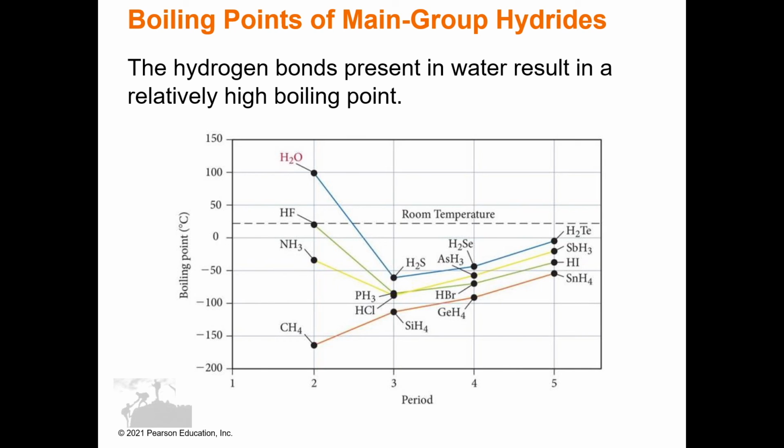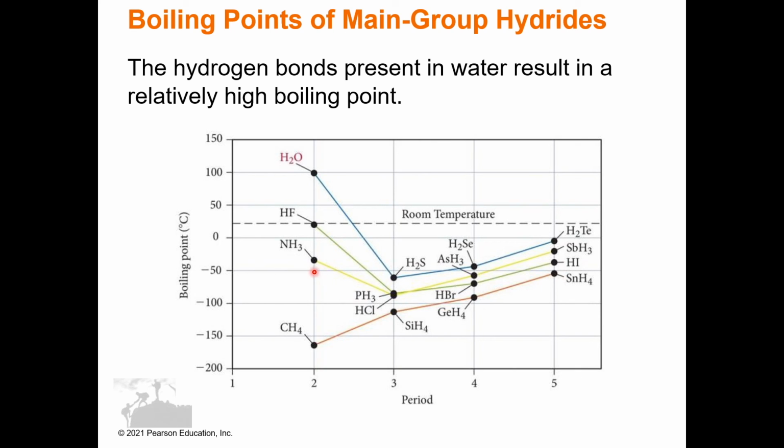Here's a very nice graph of main group hydrides, and it shows how molar mass and hydrogen bonding affect boiling point. If you take a look at any of these colored lines, you could see that as we go down the column, the molar mass increases, so the boiling points also increase.